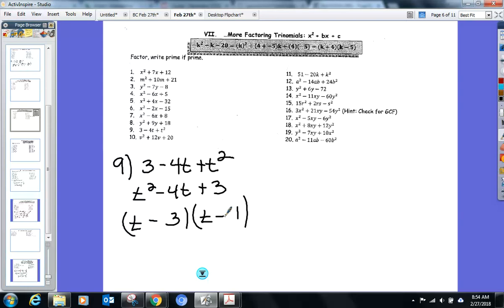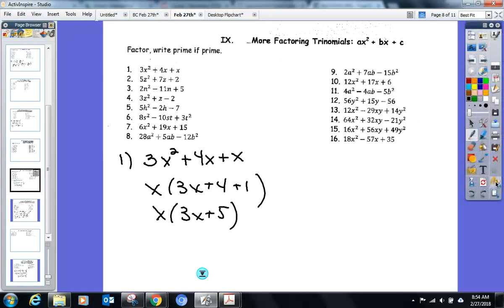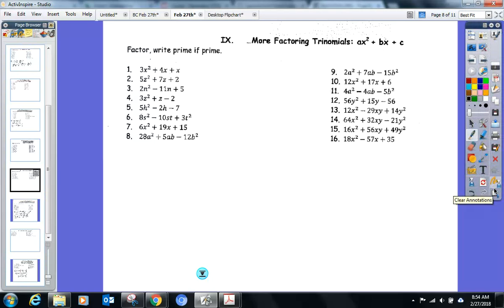Where to next? Section 9, number 8. Look at that beast.